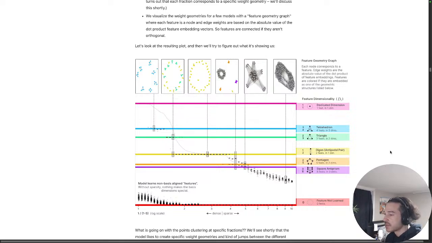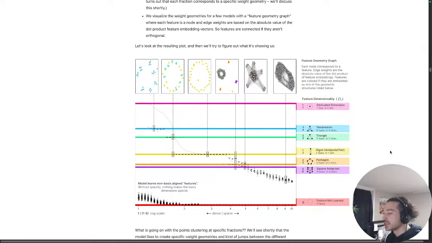Nothing makes the basis dimension special. And the amount of these features not learned, or at least these non-basis aligned features, continues to decrease as sparsity increases, and this is on the log scale, so 1 over 1 minus s, and eventually as it reaches 3 or 2.5, really, these non-basis aligned features disappear.